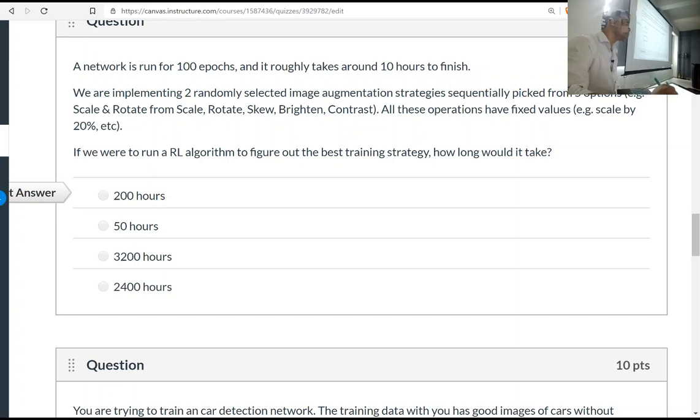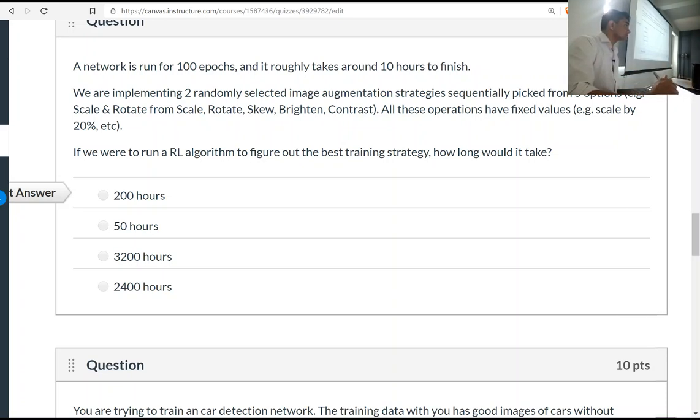But what if choosing randomness is a better option? Like in the same network, sometimes scale first, rotate next, and sometimes rotate first. Then you have to design the algorithm like that, which allows it to pick strategies like that. But the strategy we are picking is picked sequentially.